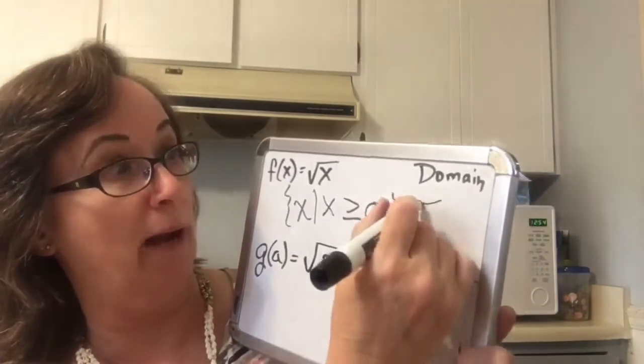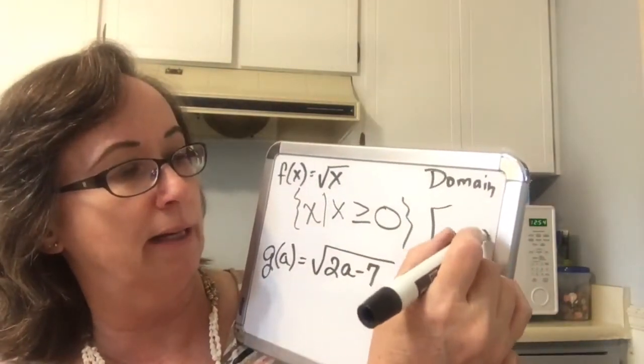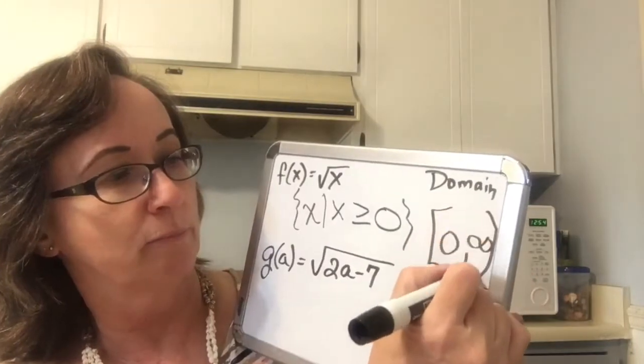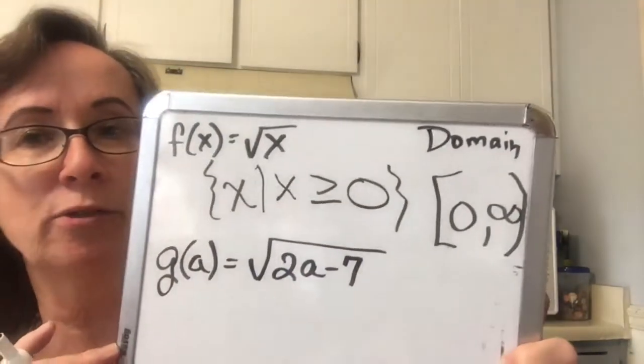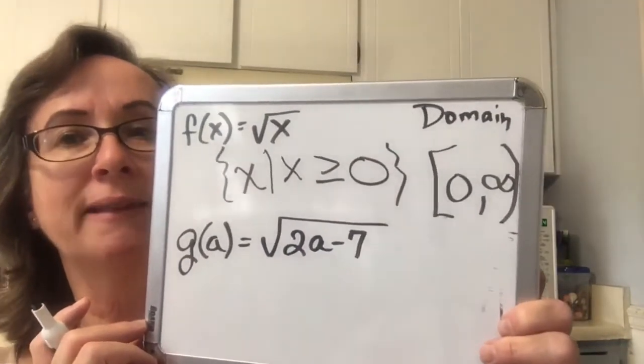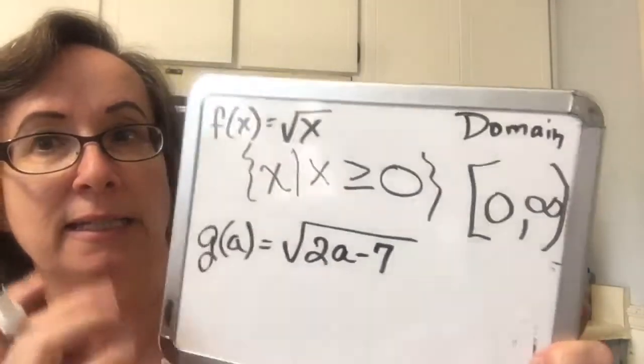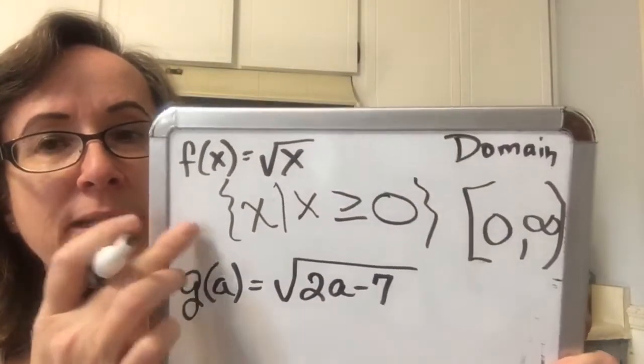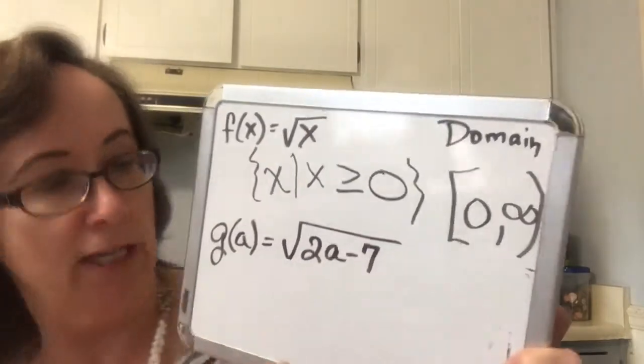We'll put a bracket 0, comma, infinity. Parenthesis. Remember, I always use a parenthesis by the infinity sign. So that is the domain, both in set notation and interval notation.